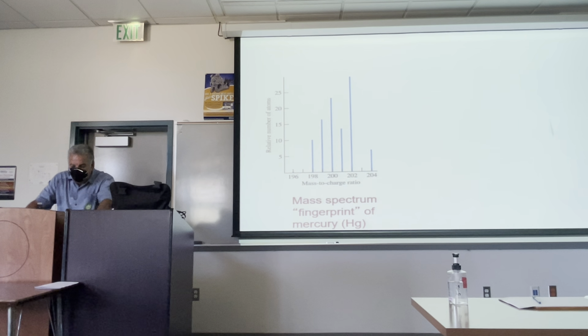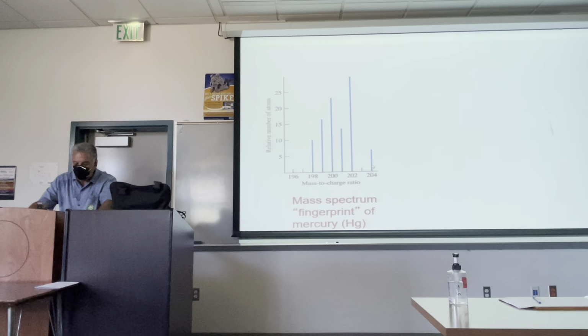Here is a mass spectrum fingerprint of mercury. You can see that the greatest fraction of mercury is at 202, and then 200, then 199, 201, and 198, and a little bit at 204.